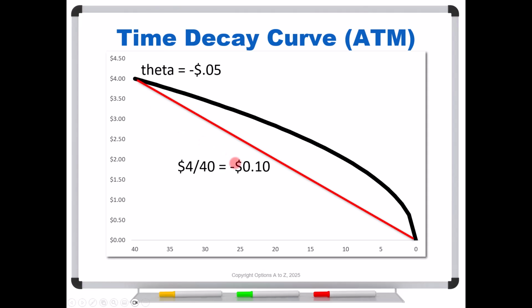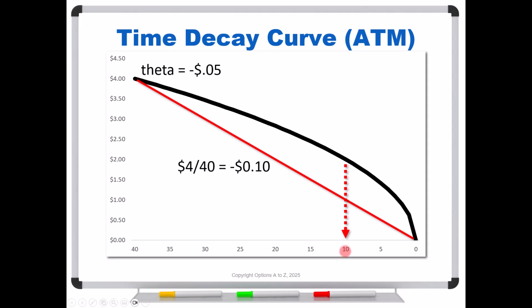But if we can calculate the average decay rate, again being 10 cents, where is that going to occur on this black line? It turns out it's going to occur when 25% of this number remains. So we take a quarter of 40, and that's going to be when 10 days remains.